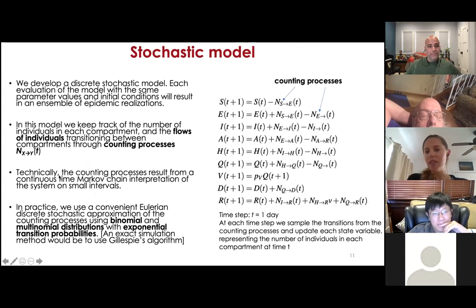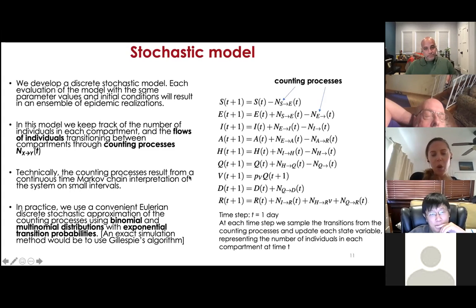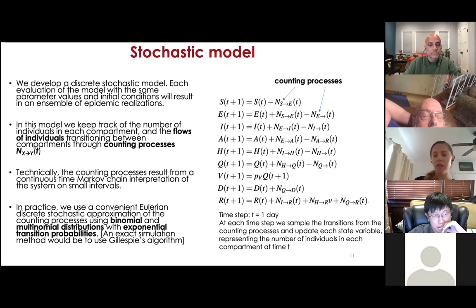The Markov chain model would be built based on small interval probabilities, and the counting processes would be based on the transmissions over those small intervals, as we typically do to start a continuous time Markov chain model.